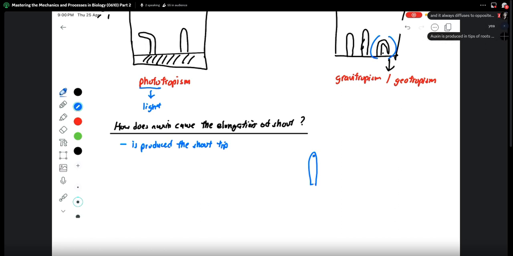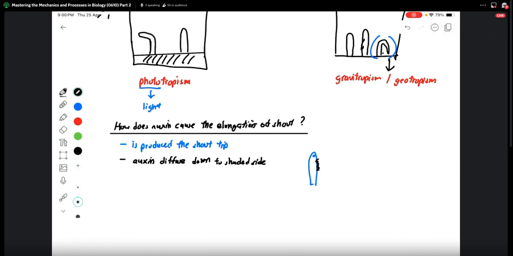Then the auxin will diffuse down to the shaded region, to the shaded side. For example, this is the shaded side, or maybe it's like this. It will diffuse down here to the shaded region.